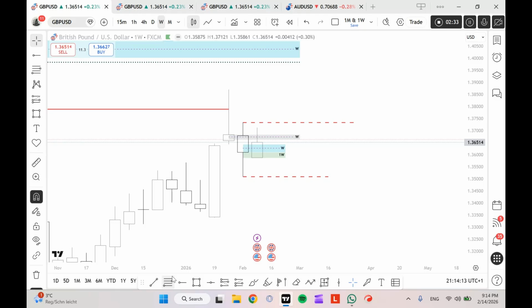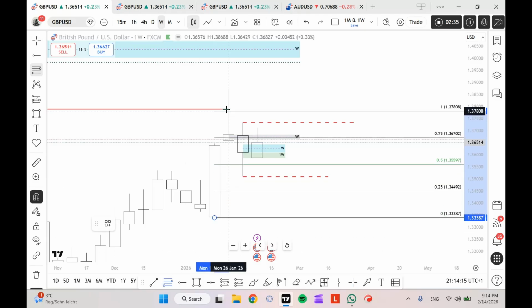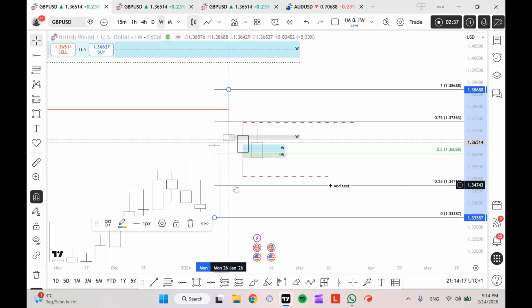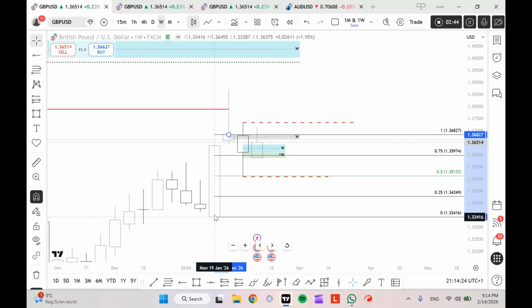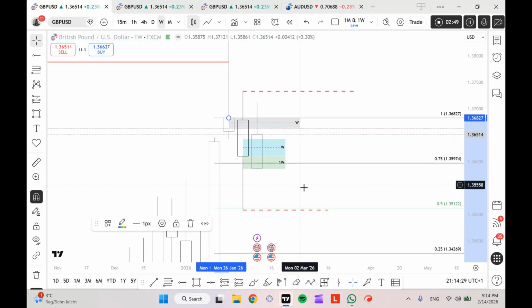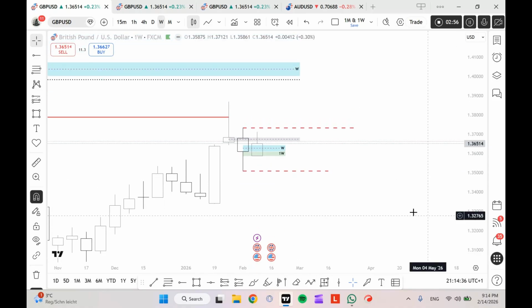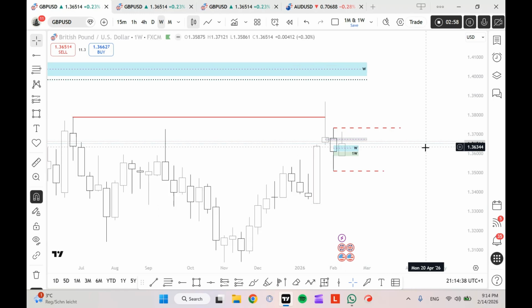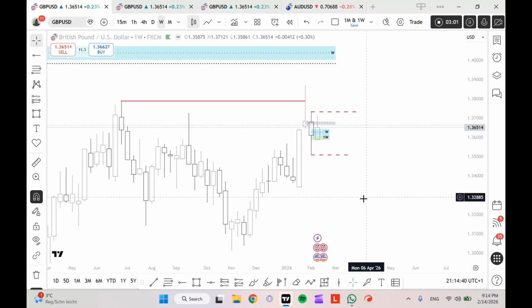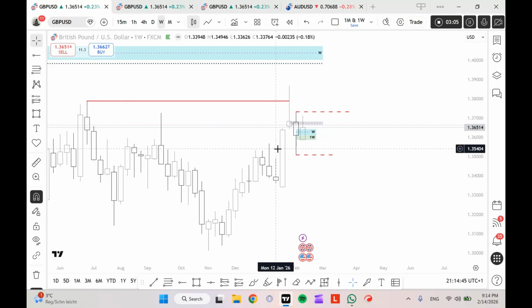Also, when measuring with Fibonacci, the 75% level wasn't touched yet. Although if measuring body to body, the price reacted right from the 50% level, so it may have completed the pullback and may go straight higher, but it has to be seen because, as I said, no liquidity has been taken.